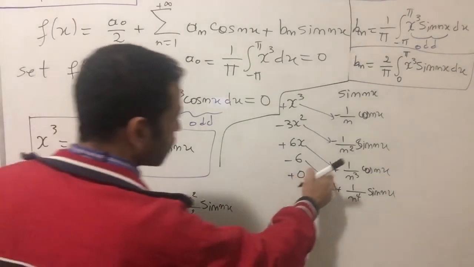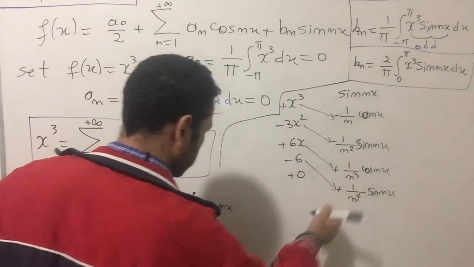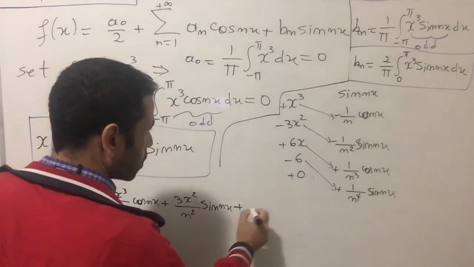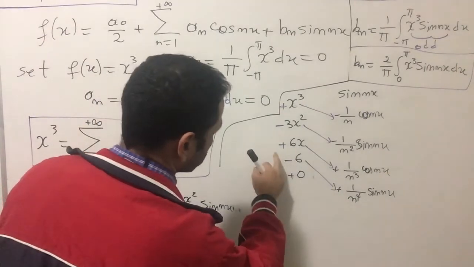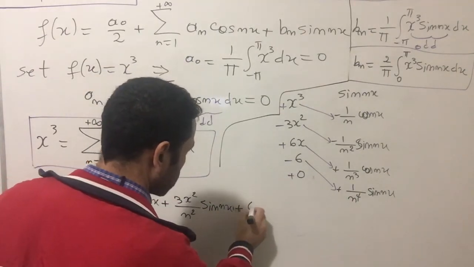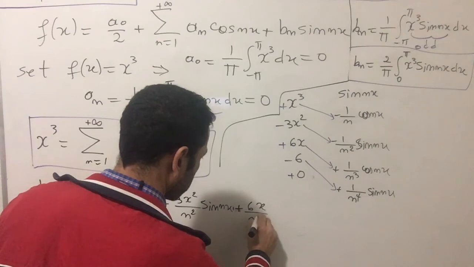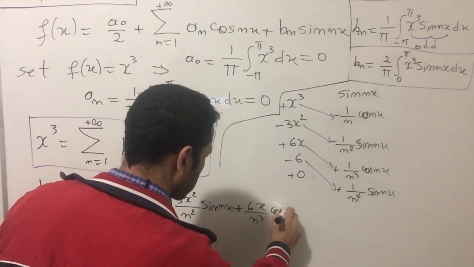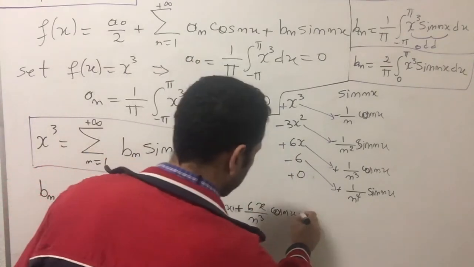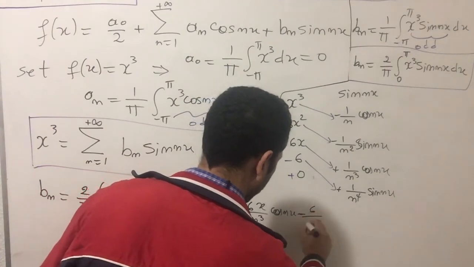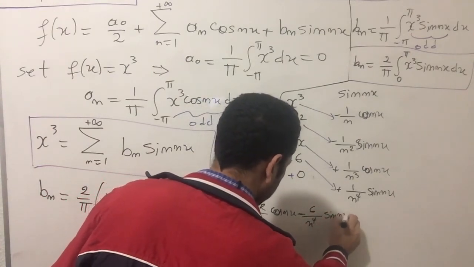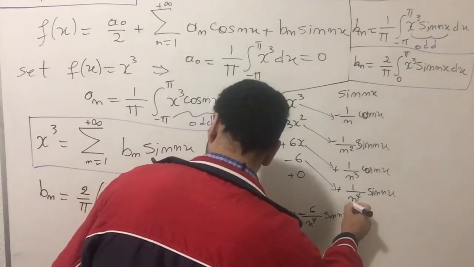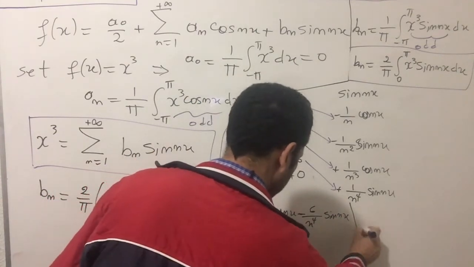The third term gives us plus 6x over n cubed cosine nx. The last term is minus 6 over n to the fourth sine nx. Okay, so the bound is from 0 to pi.